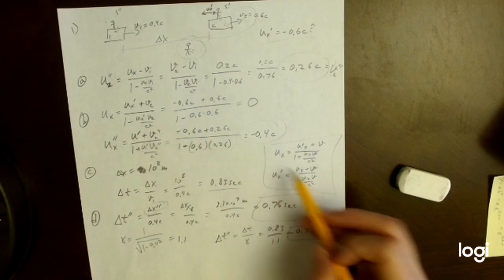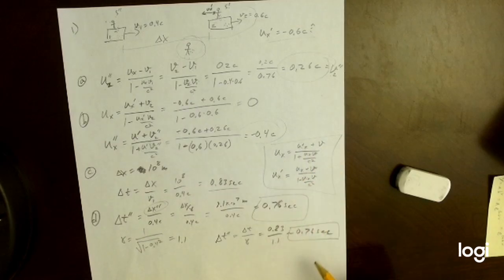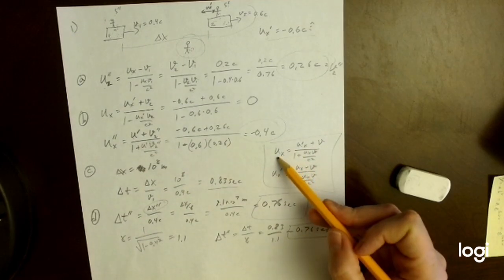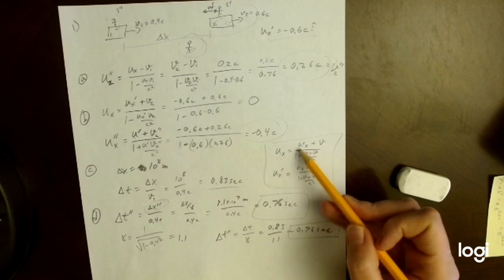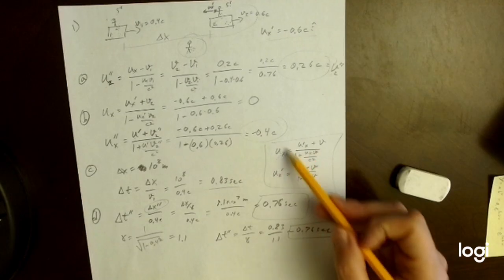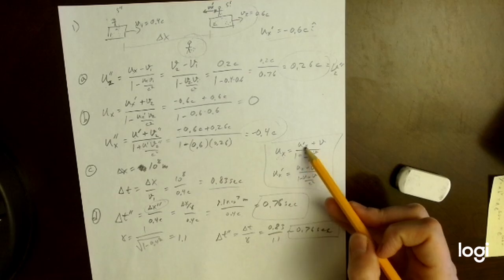Just remember, what do each one of these velocities mean? The velocity when measured at rest is the unprimed velocity. The primed one is the velocity that would be measured in a different frame.